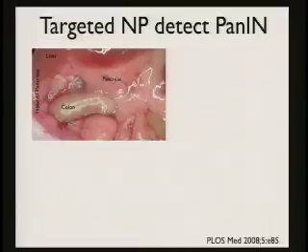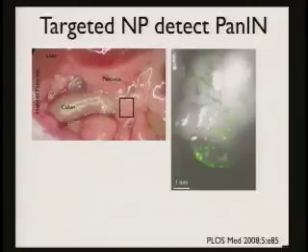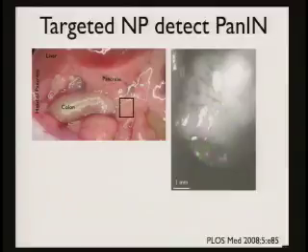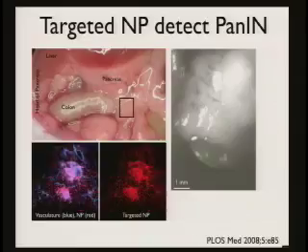And as Dr. Grudzinski mentioned earlier today, in this type of intraoperative setting, when these particles get administered, in a near-infrared channel they can be used to highlight these 100-micron sized lesions all over the pancreas. There are actually, in these mice, hundreds of these pancreatic intraepithelial neoplasms.